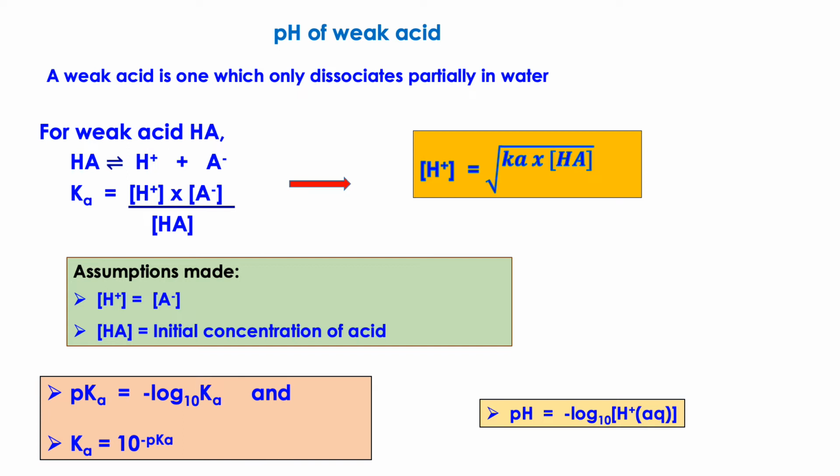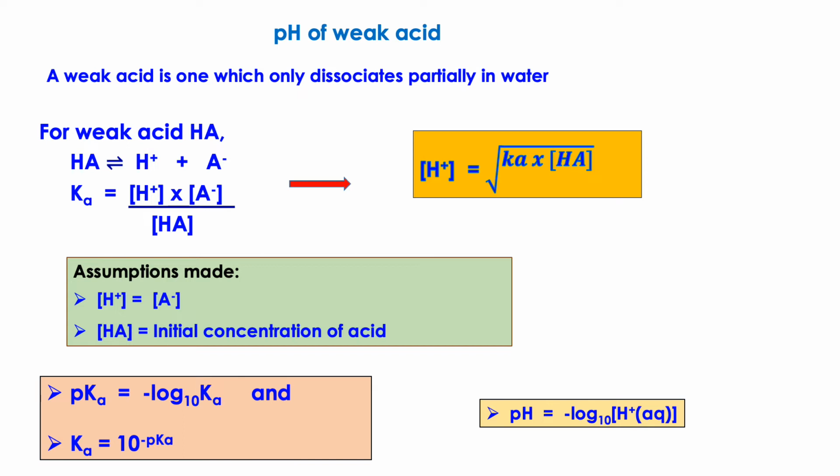Now, we also know that the concentration of H plus ions formed in a weak acid is not the same as the initial concentration of the acid because the dissociation is only partial. So, the formula for H plus ions formed in a weak acid is: H plus ion concentration is equal to the square root of Ka times the concentration of HA.